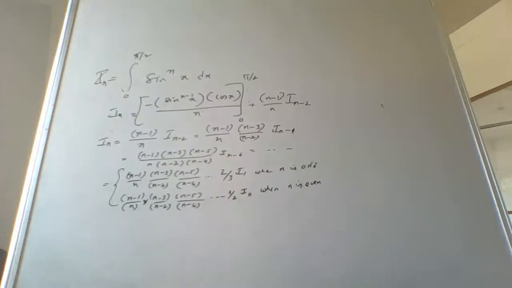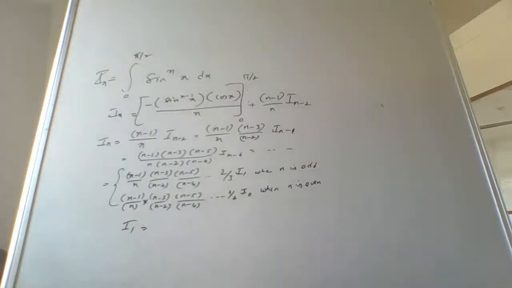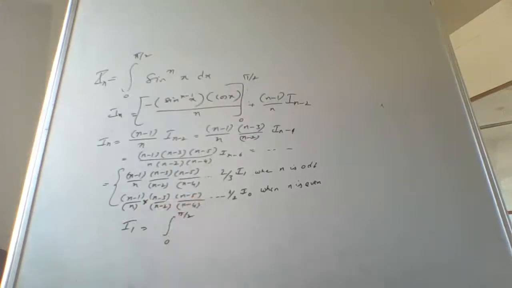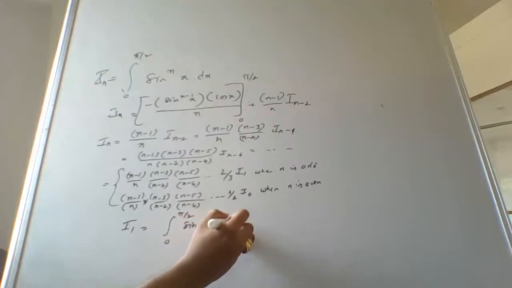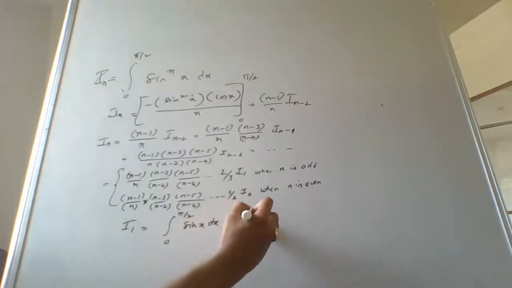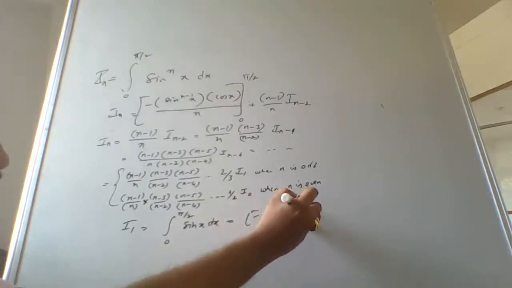Okay, and now let us find what is I1 and I0 here. I1, when I substitute in the general form, would be the integral from 0 to pi by 2 of sine x dx. Integration of sine x is minus cos x, from 0 to pi by 2.